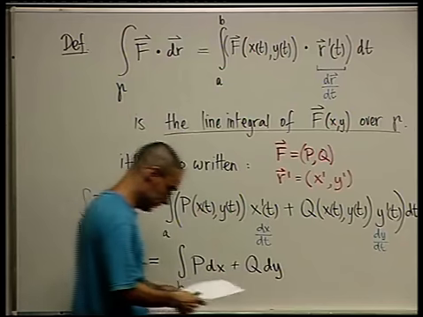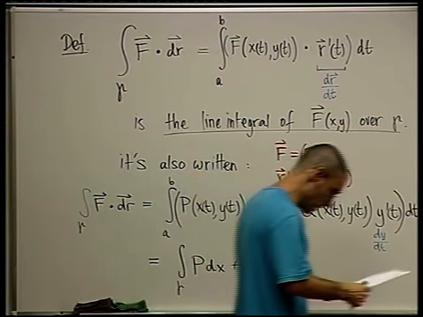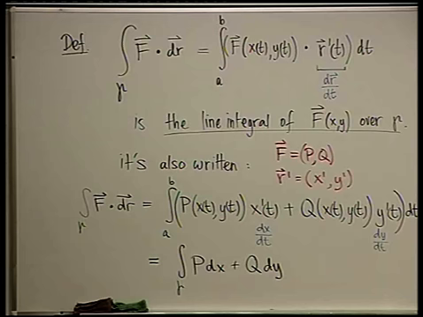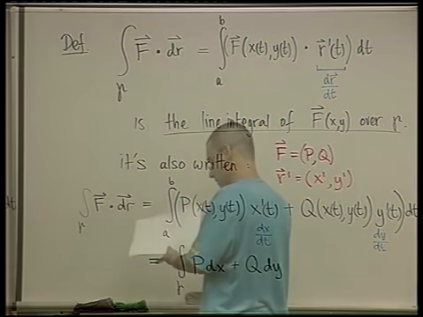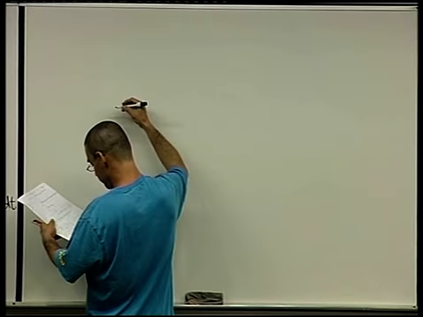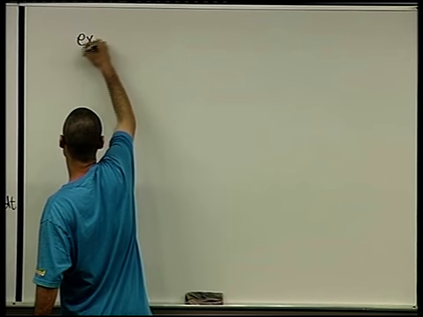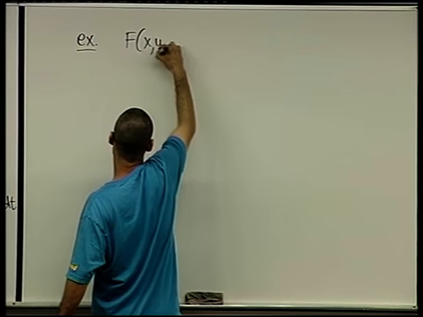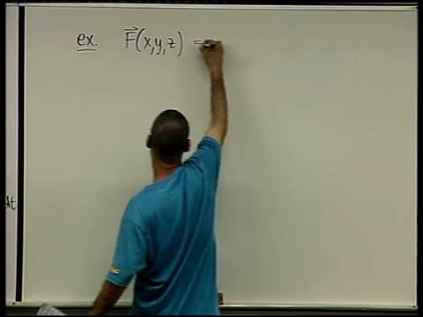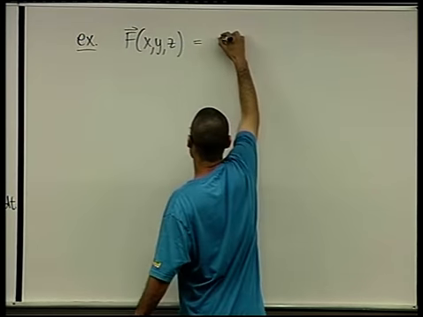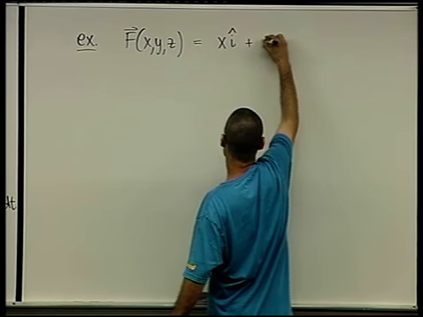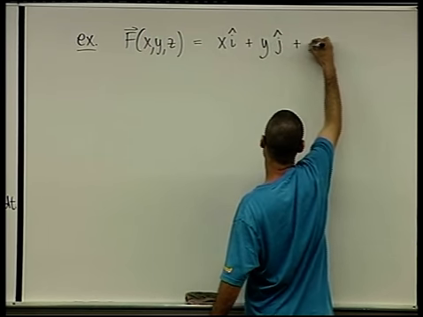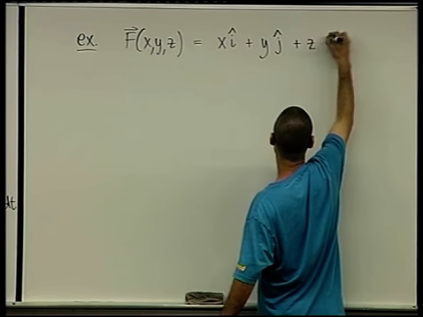Let's do an example. The example that we discussed for the line integral of a scalar function was the helix. Let's do the helix again, but now in a totally different context. So, example, F of x, y, z, the field is going to be given by x in the i direction plus y in the j direction plus z in the k direction.